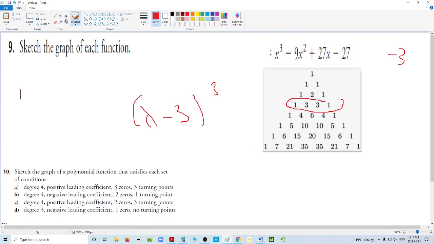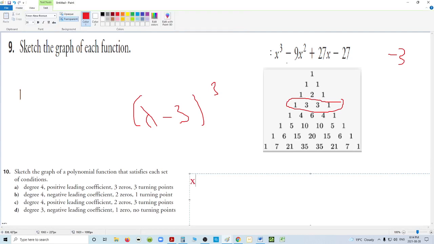So the first expansion will be x squared minus 6x minus 9. And all of it times x minus 3, because my theory is that it's x minus 3 again. Then if I expand that again, I would use my normal box method. And I would treat each of these as a separate entity.